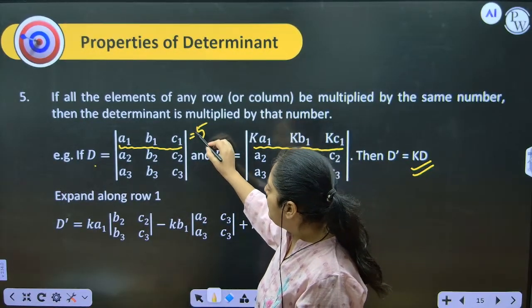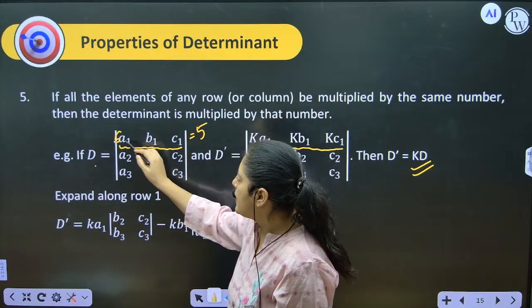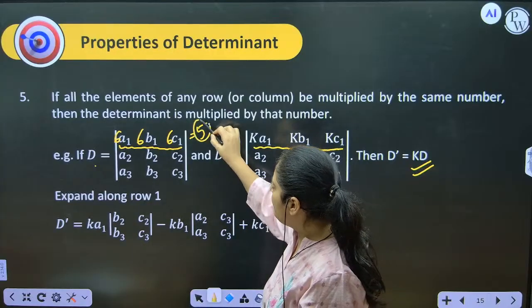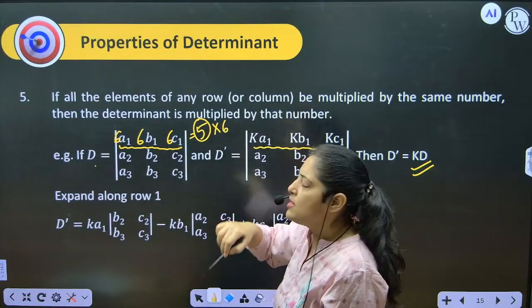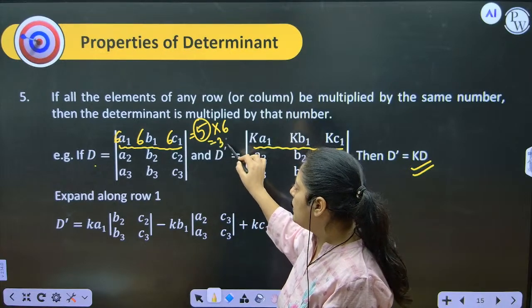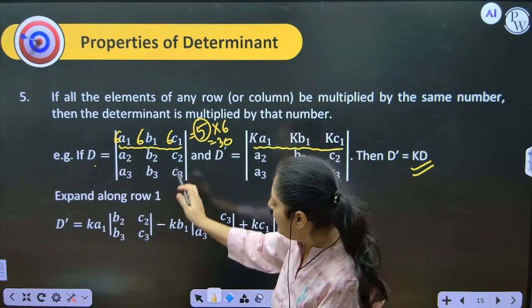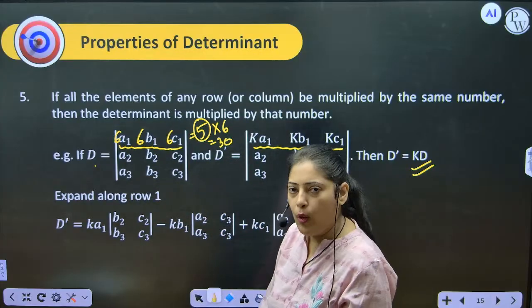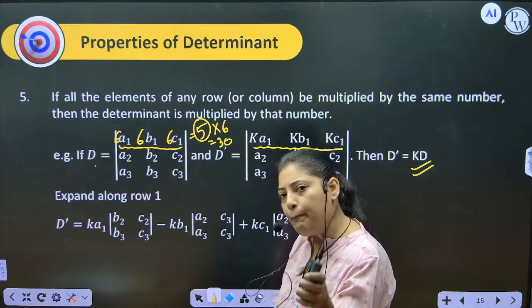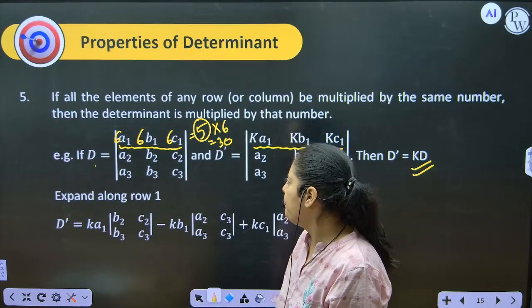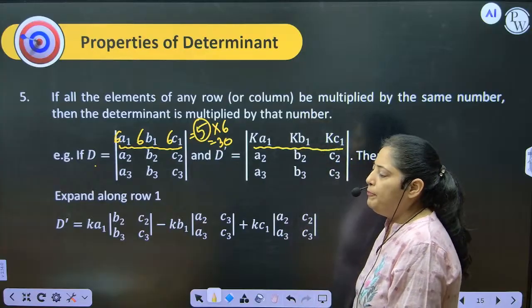If I am multiplying it with 6, 6, 6 and 6, this 5 will also be multiplied with 6. What it will come now? 30. So value for this determinant will come out to be 30. Whatever the original value multiplied by the same constant. Okay. Note it.